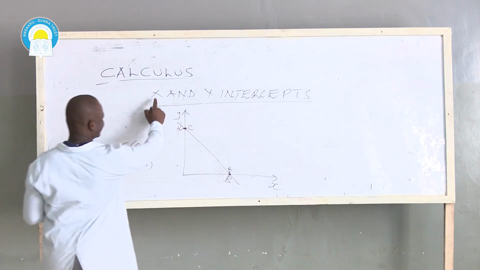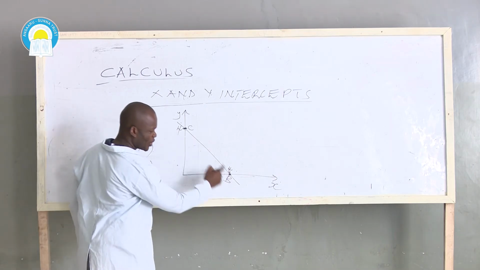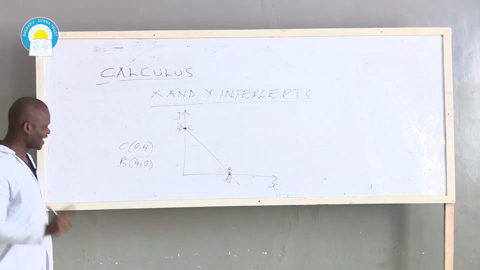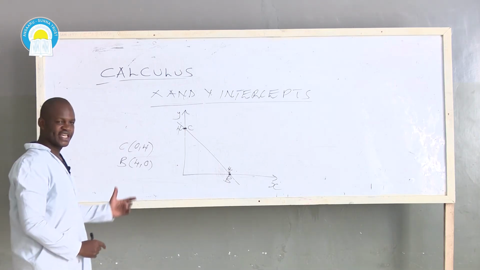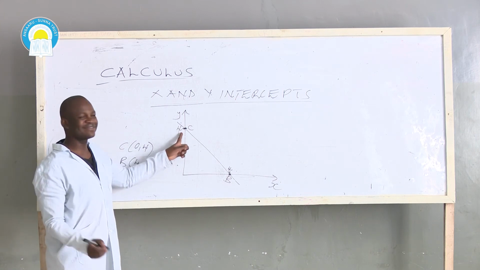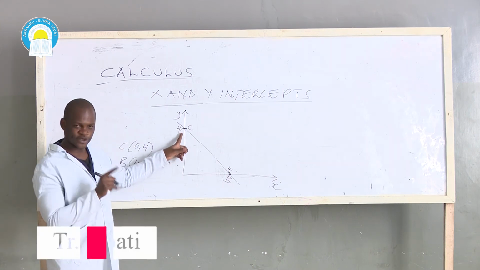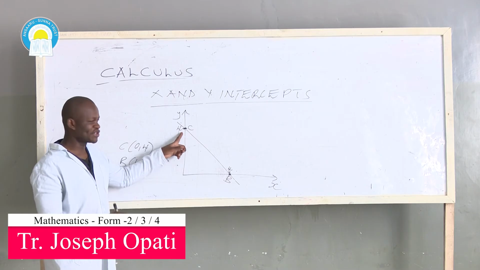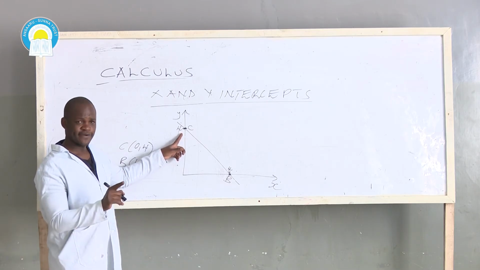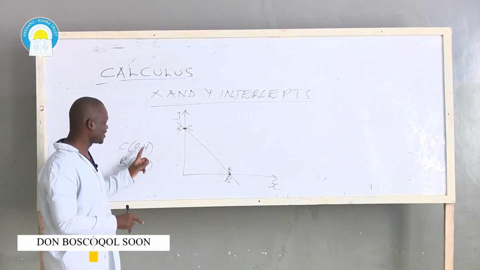Sorry, x-intercept is a point where a given line cuts what? The x-axis. And we have said the key thing about those 2 points is that the y-intercept is a point found on the y-axis. Any point found on the y-axis has a corresponding value of x to be what? 0.